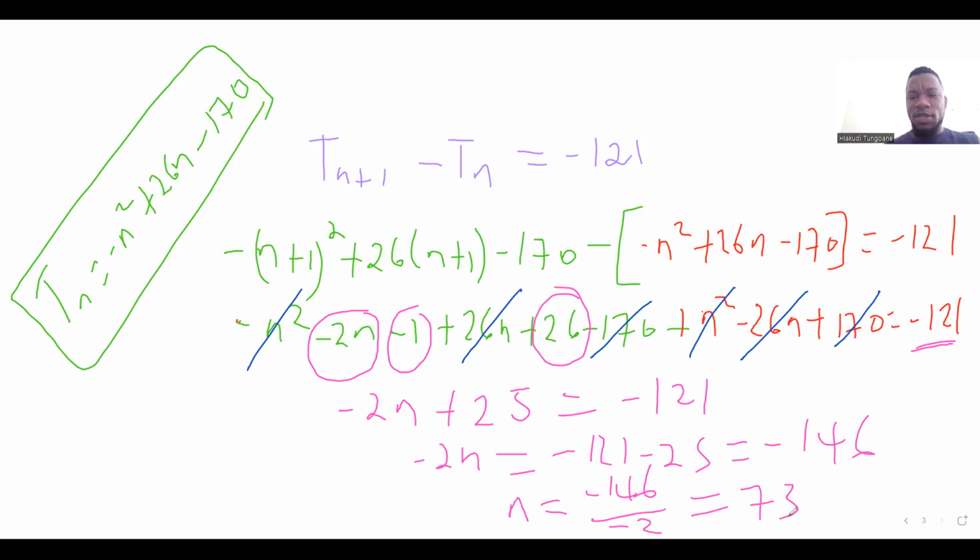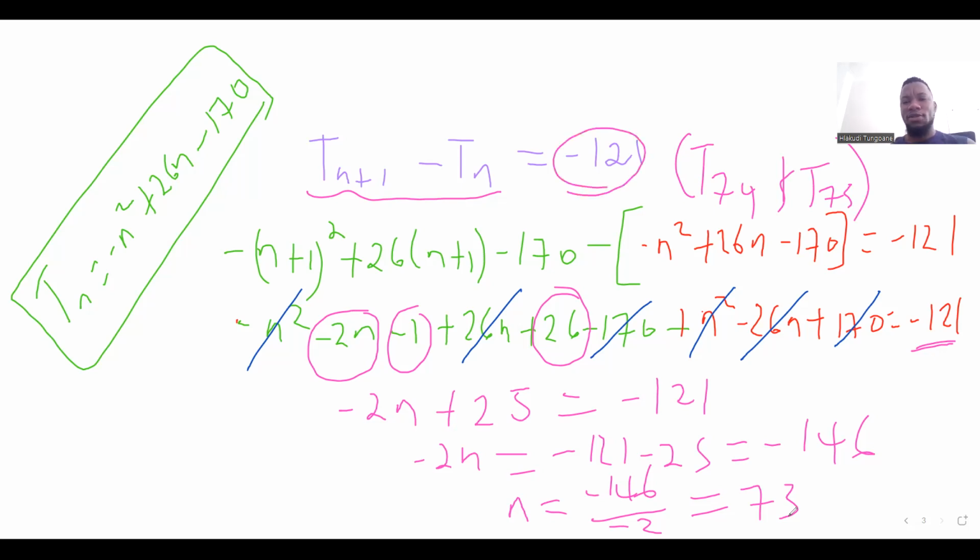So if we substitute n into our equation here, it means between T73 and T74, because if n plus 1 is going to be 74, so between T74 and T73, if you take the difference, then you get minus 12.